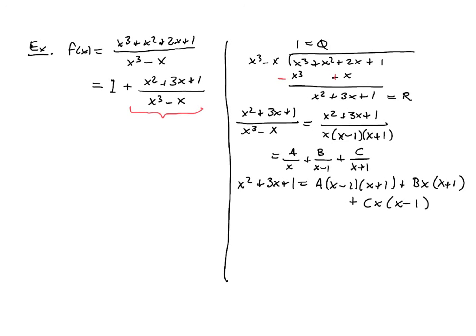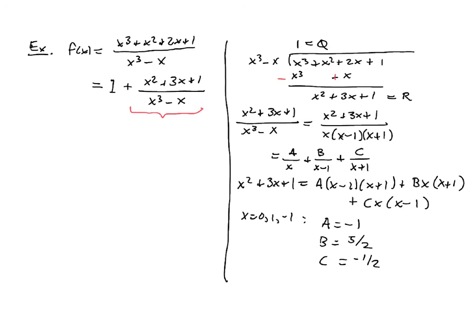And if you solve this by, say, plugging in x equals 0, 1, and negative 1, then what you find is that a is going to be negative 1, and b is 5/2, and c is negative 1/2.